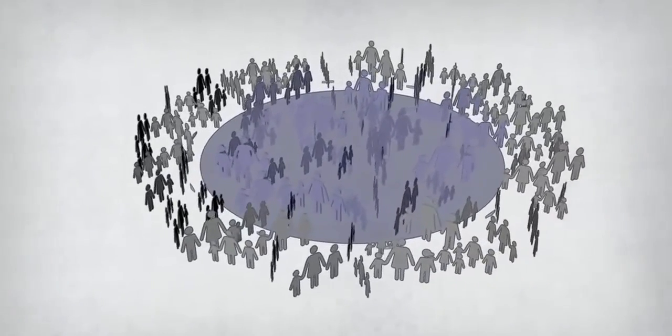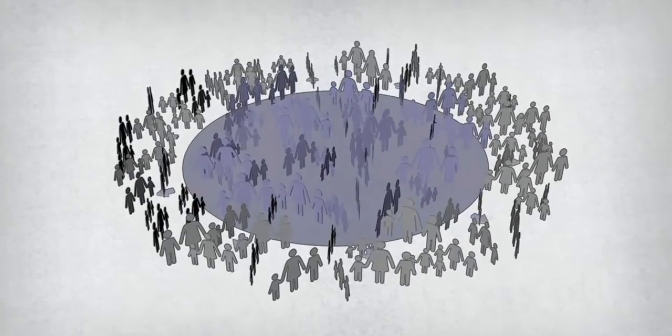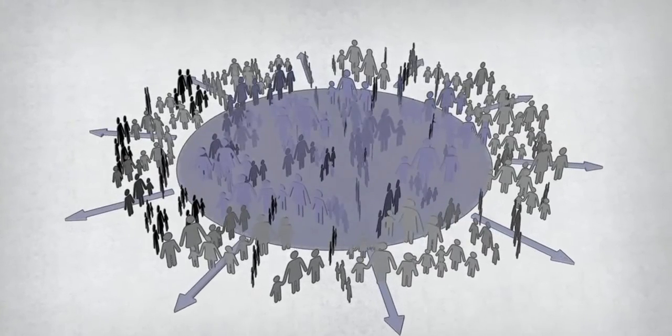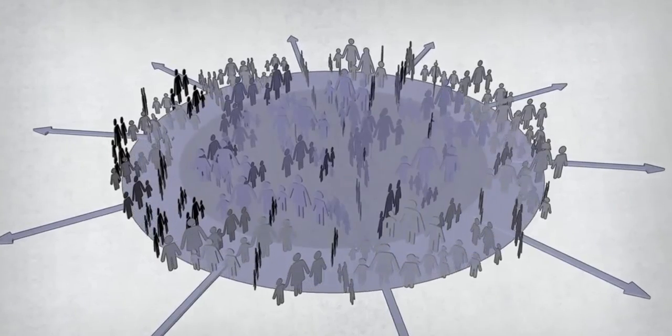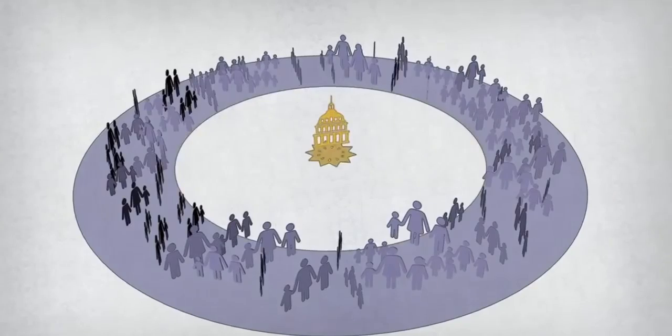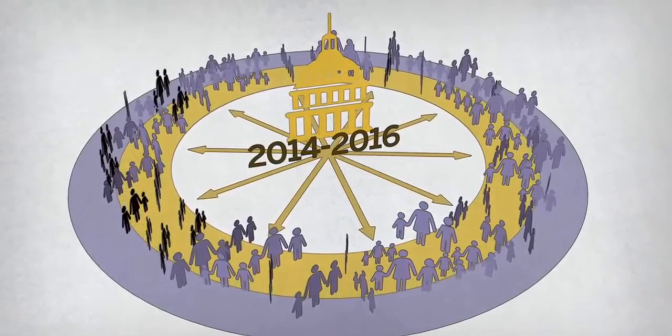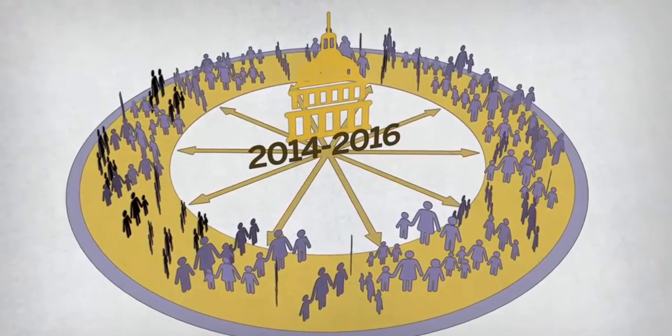Adding another layer of complexity, the Patient Protection and Affordable Care Act will expand Medicaid to a larger percentage of those who are currently uninsured, as well as to other low-income individuals. The Medicaid expansion population will be paid at 100% by the federal government for calendar years 2014 through 2016.